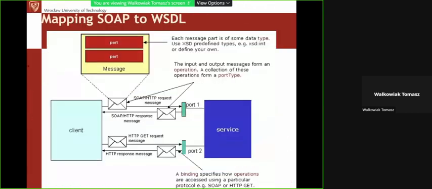Okay, so the idea is that a service provides some services. So it has ports, it has messages, and the message consists of some elements, types, etc. All this technical stuff has to be described in a formal language such as WSDL, and therefore XML and XML schema.